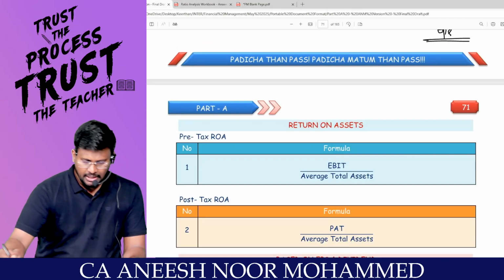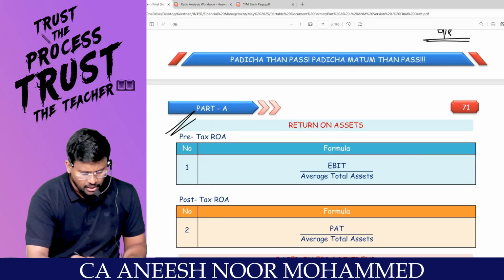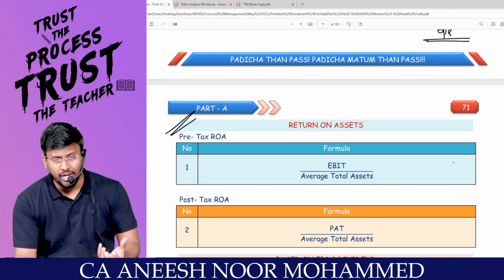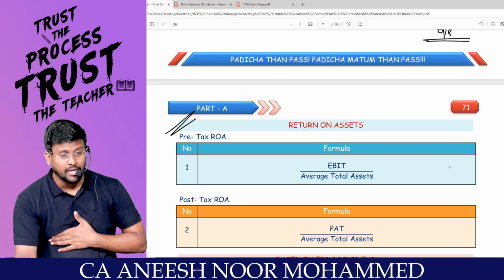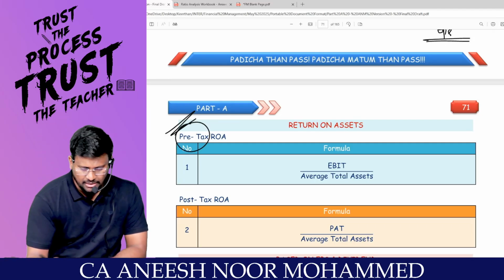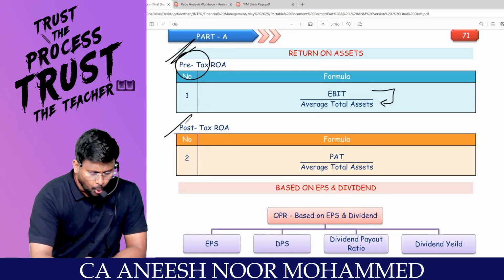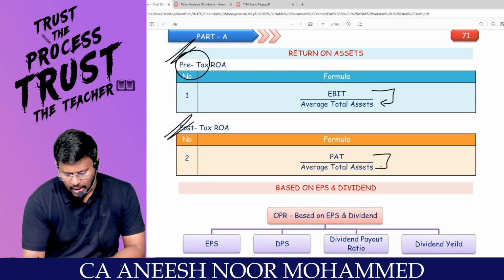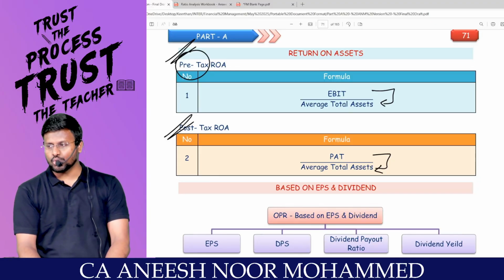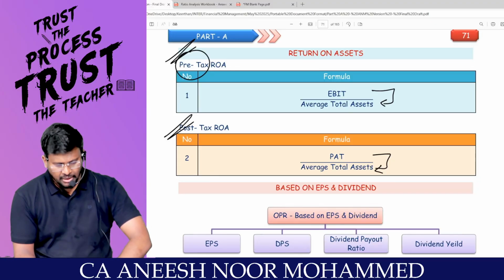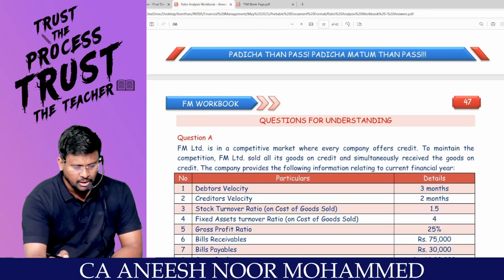Comfortable? Yes. Return on asset. Assets will generate EBIT. So the pre-tax return is EBIT divided by average total assets. Comfortable? Post-tax, assets will generate what? PAT divided by average total assets. Are you able to appreciate? That's it, so the next one is also done.